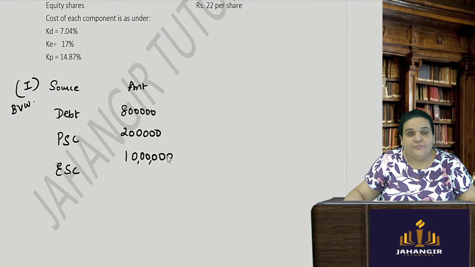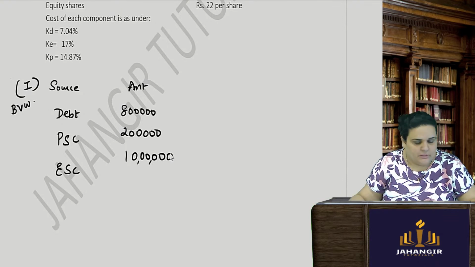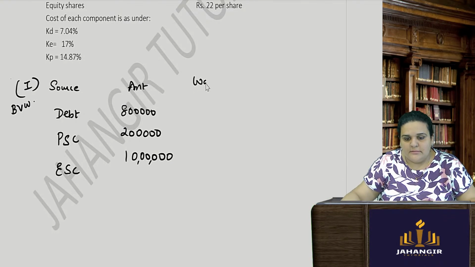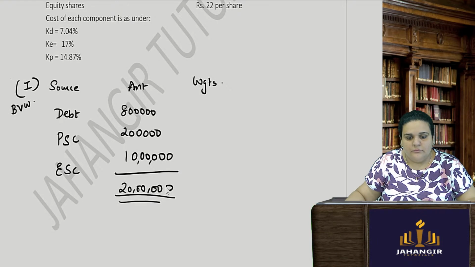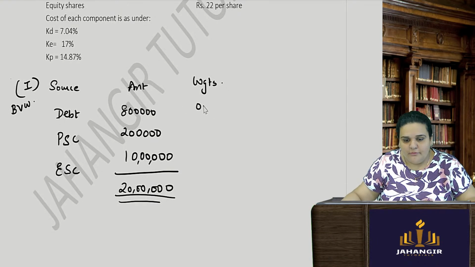I hope you all are solving these type of sums with me. Okay. Weights assigned as per the book value. Total is 20 lakhs. So this will be 8 divided by 20, 0.4. 2 divided by 20, 0.10, and this will be 0.5.